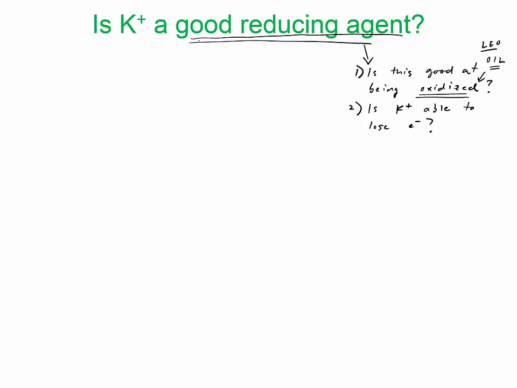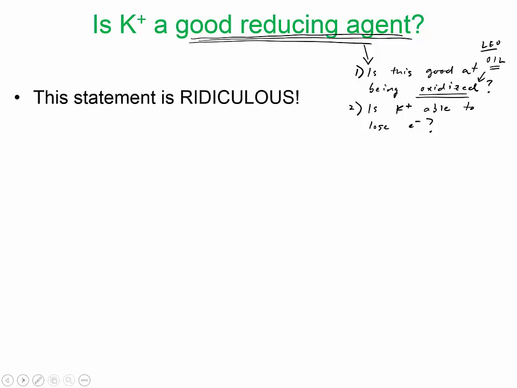Once we translate this vocabulary into a usable term, we see that this is actually a ridiculous statement. Does K plus get oxidized easily? If it gets oxidized, it'll make K2 plus and another electron. As we know, once potassium loses that one valence electron, we start pulling from the core, which is really, really hard to do. So it's really bad at being a reducing agent, really bad at being oxidized.